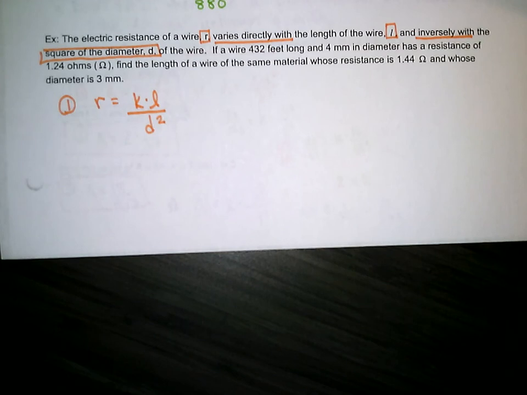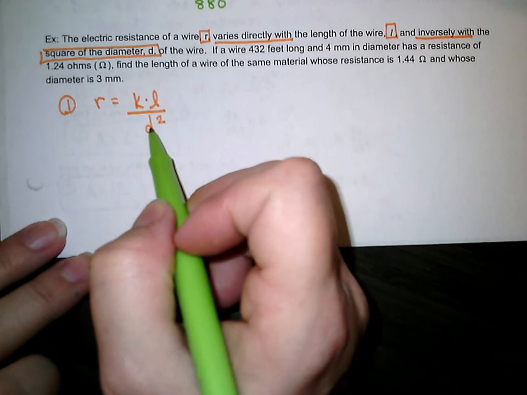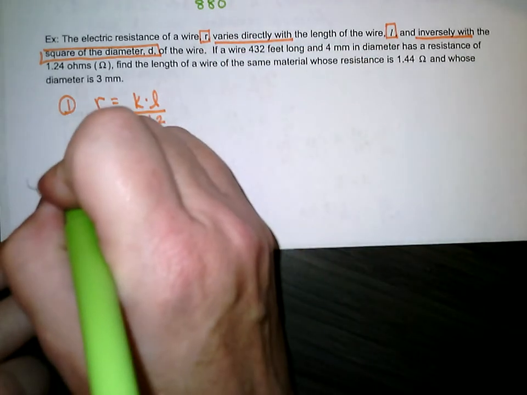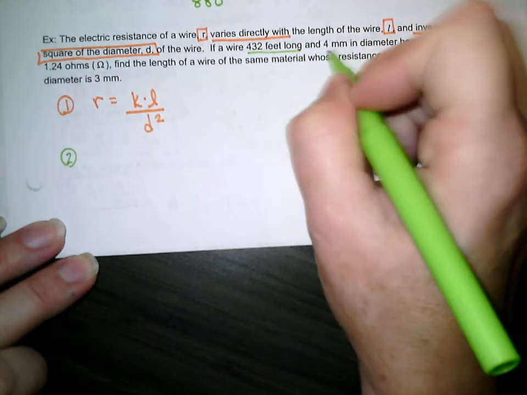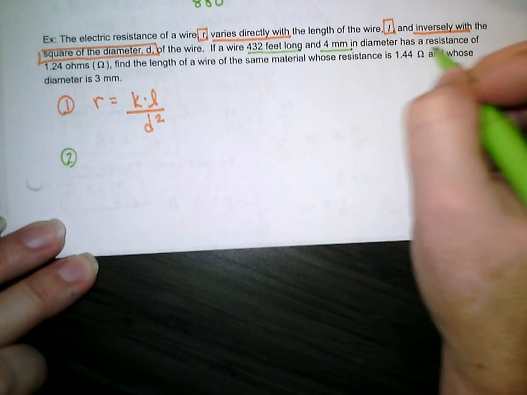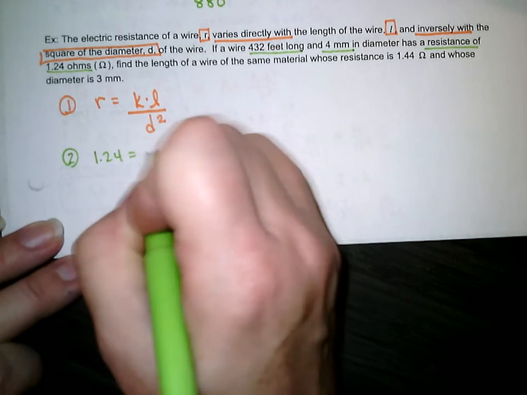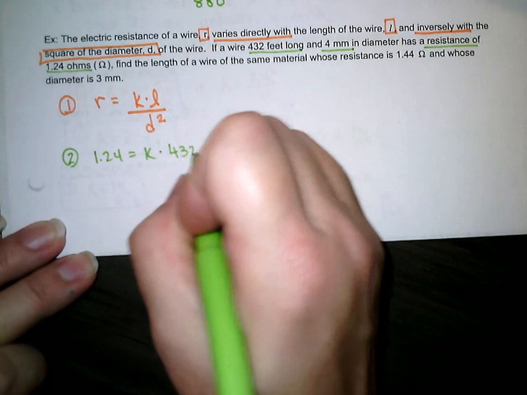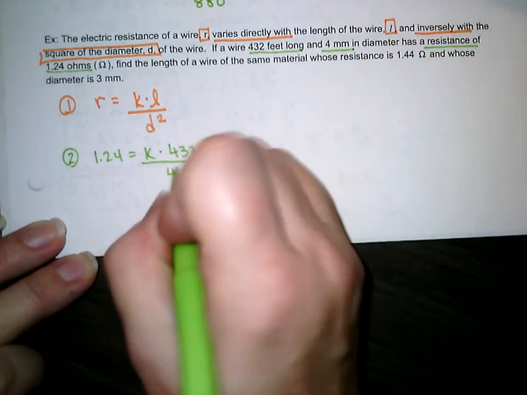And then level 2, they're going to have to give us a resistance, a length, and a diameter so that we can solve for K. Level 2. A wire 432 feet long, 4 millimeters in diameter, resistance of 1.24 ohms. So resistance, 1.24. K, we don't know. L was 432 feet. And diameter was 4, but it's 4 squared.